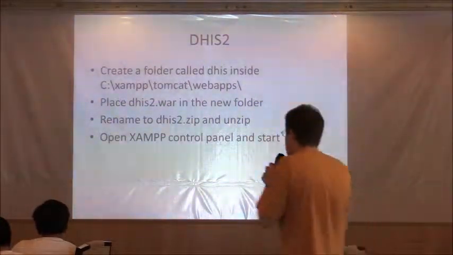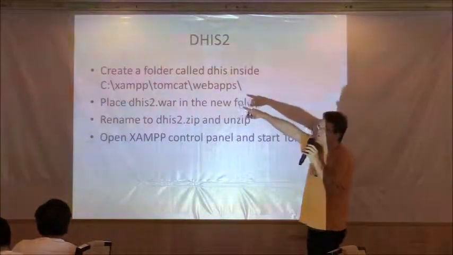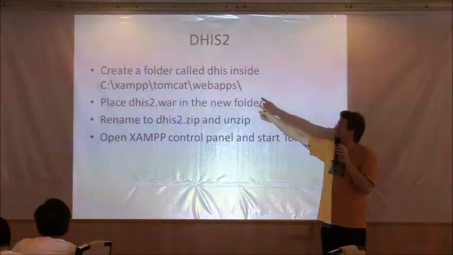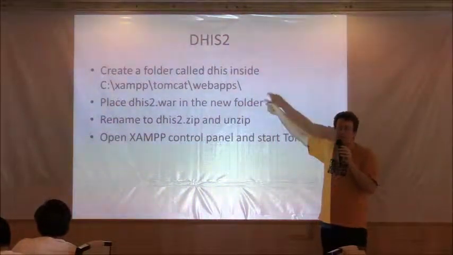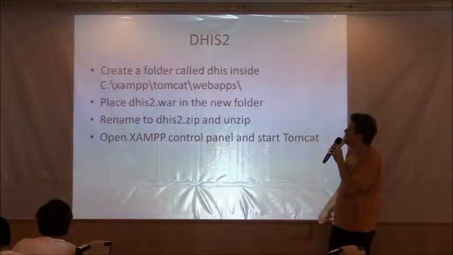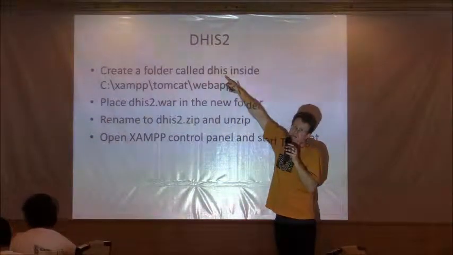So inside XAMPP, there is a folder called Tomcat, and inside Tomcat, there's a folder called Web Apps. Inside Web Apps, that's where we put DHIS. And what we do is we create a new folder called DHIS inside Web Apps.